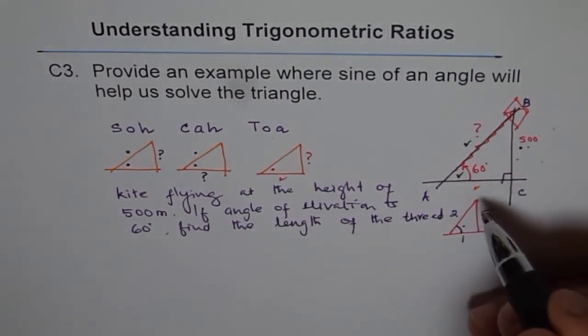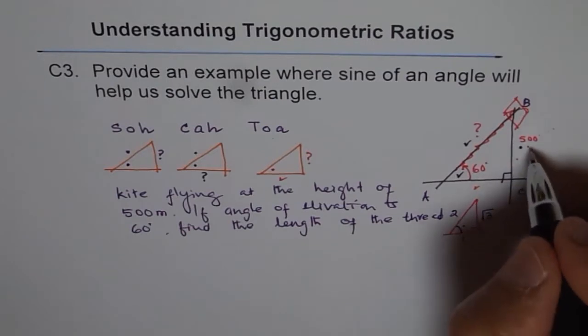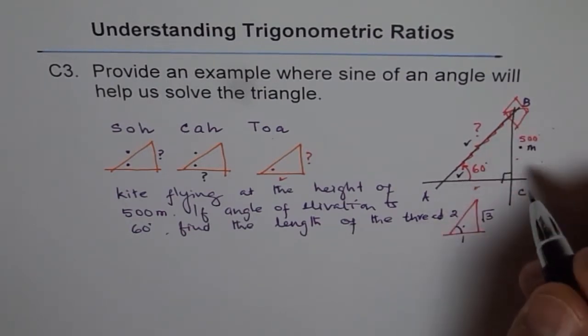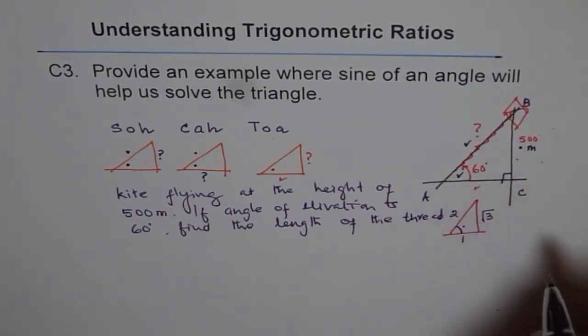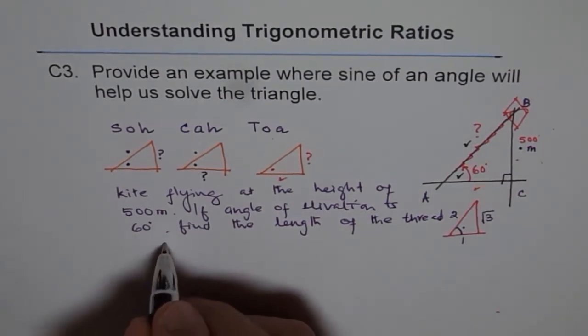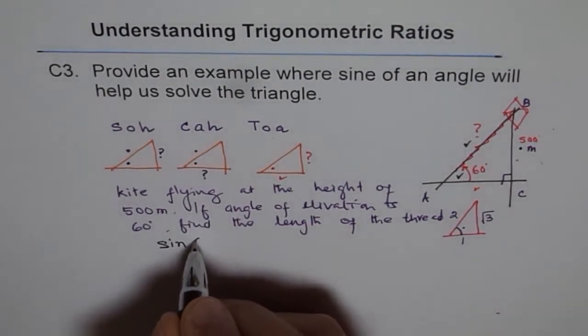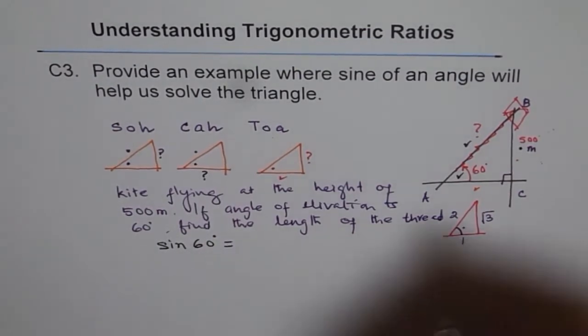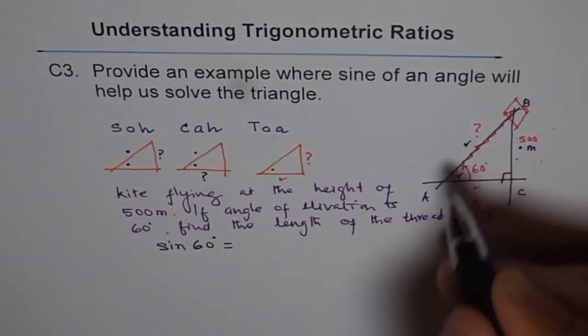Then we get the situation: 500 meters is the height of our kite, this is an angle of 60 degrees. Now let me solve it. The sine of 60 degrees is equal to opposite over hypotenuse.